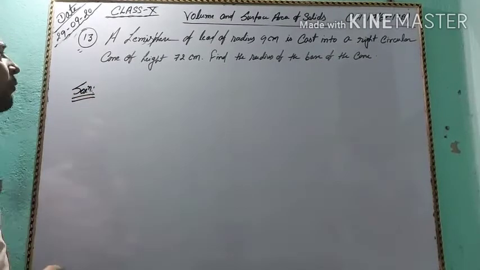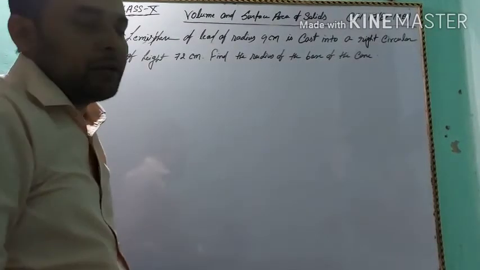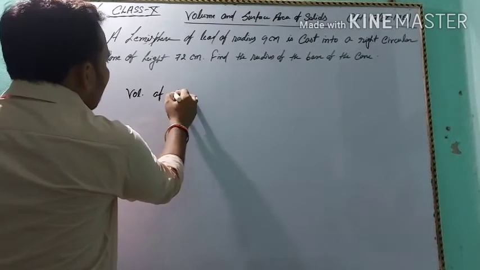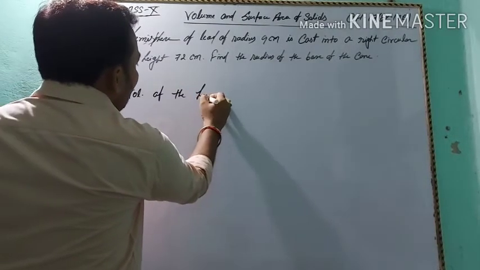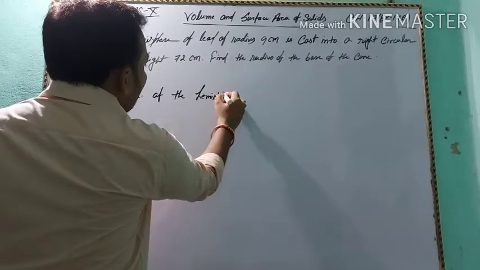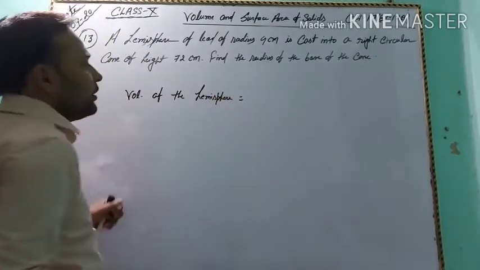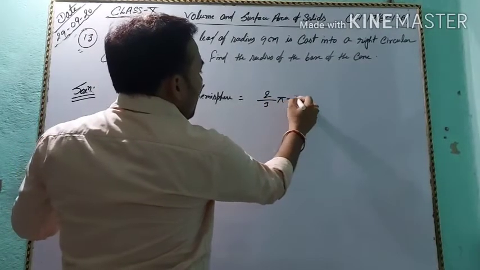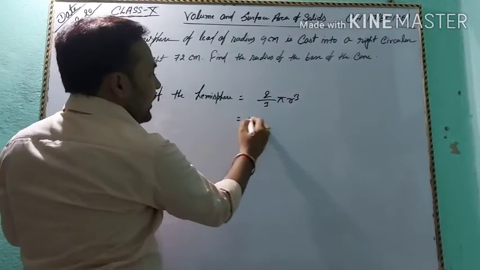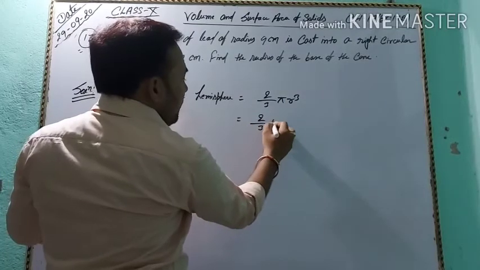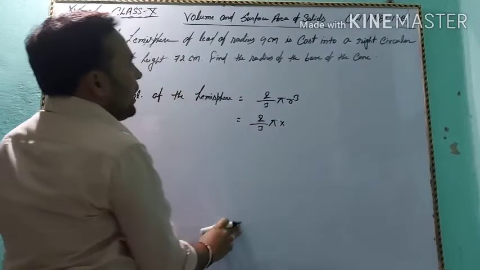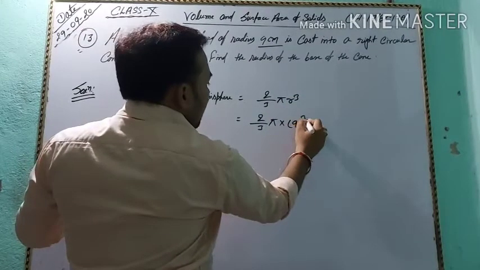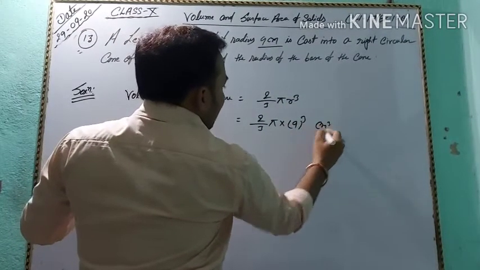First of all, find the volume of the hemisphere. Volume of the hemisphere is 2/3 pi r cube. That's 2/3 pi, and the value of r is 9 centimeter, that is 9 whole cubed cubic centimeter.